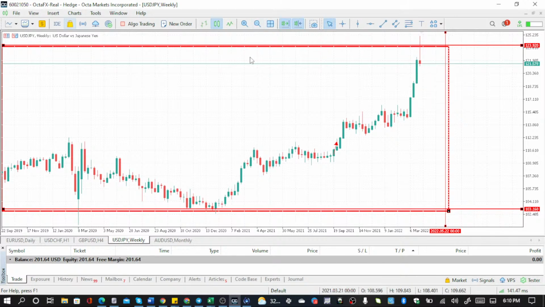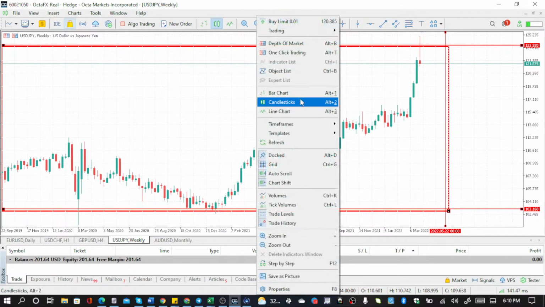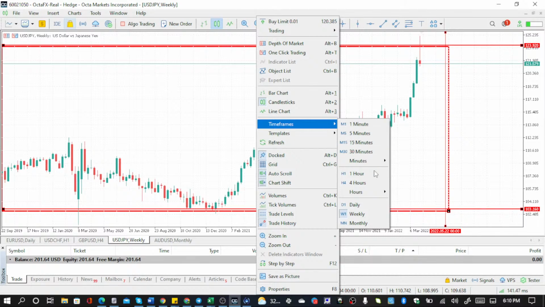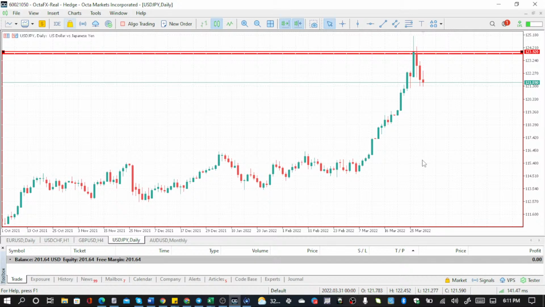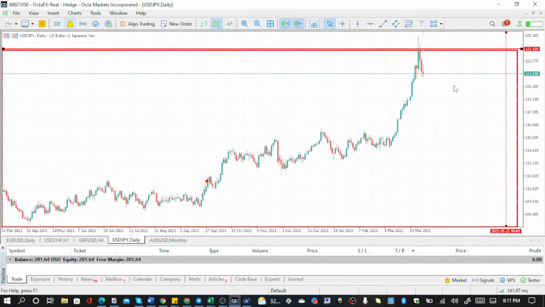Now let's go down to the daily time frame to see at a closer range what is happening. Look at this, this is the daily time frame.